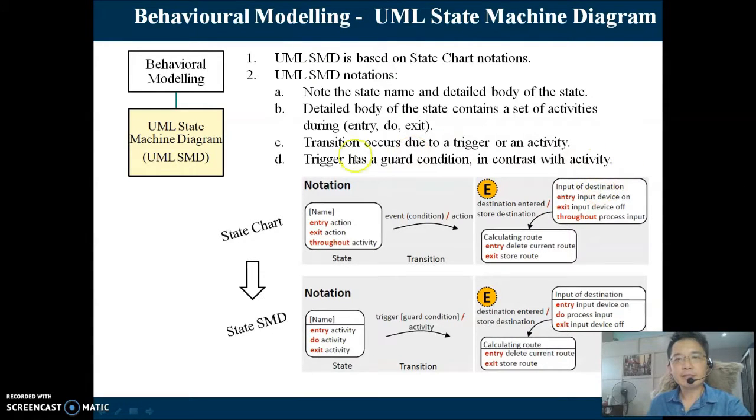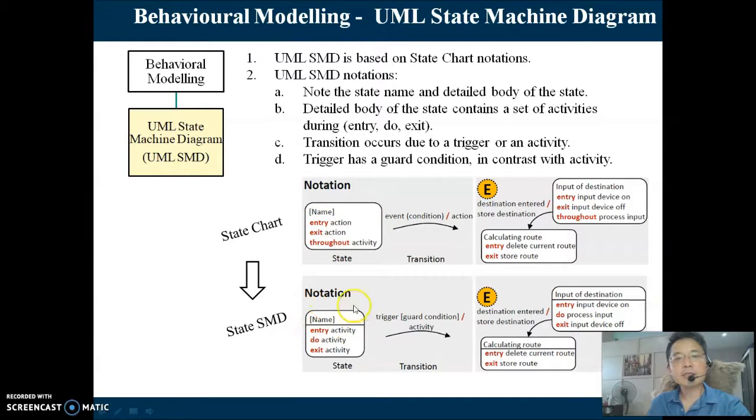Take a look at the figures in the bottom half of this slide. Note the similarity of the notations used in state chart and notations used in state machine diagram. Within the rectangle is the name of the state. One may also enter the actions in the body of the state.